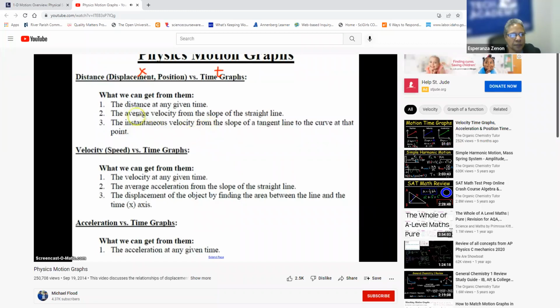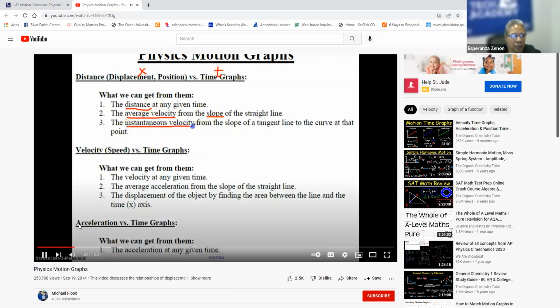What can we get from them? The easiest thing we can get is the distance at any given time, just by going down to the time axis, going up to the best fit line, and then over to the left, find out how far it's traveled at some given time. We can also get the average velocity from the slope of the straight line. These two keywords go together, average velocity and slope on a distance time graph. And we can also get the instantaneous velocity from the slope of the tangent line.